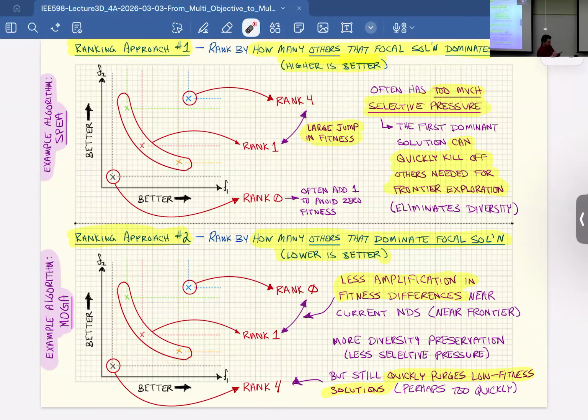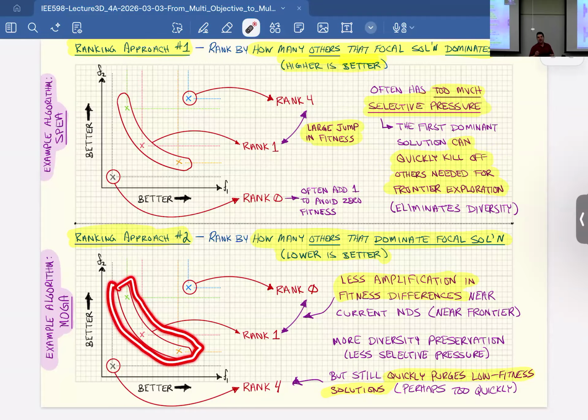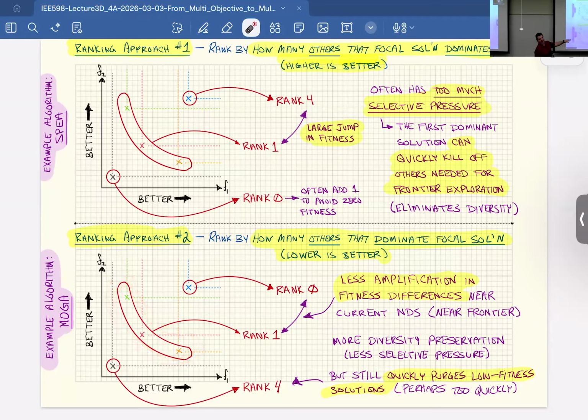So this is what MOGA, the Multi-Objective Genetic Algorithm, did. And there's some argument for why this might be what you want, but it turns out that Pareto ranking creates what you see in the literature as fitness degeneracy. It creates these classes of equal fitness solutions that is much higher than you'd expect in a normal genetic algorithm. Usually fitness is not so discrete.